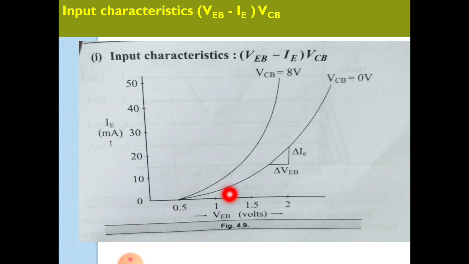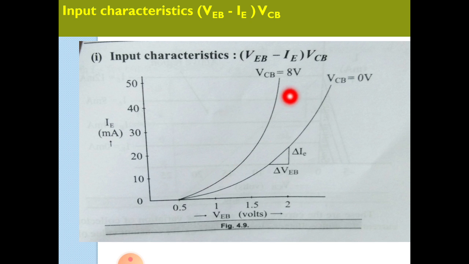Okay, from this graph we can observe that when the value of input voltage increases, the input current also increases.